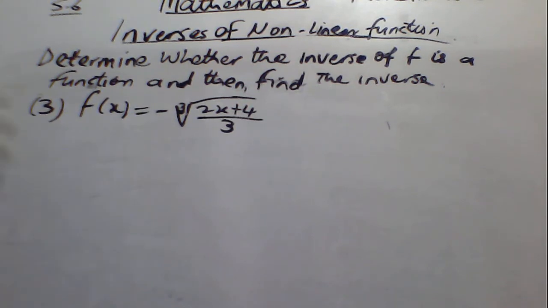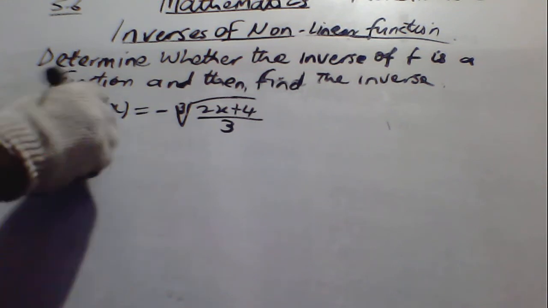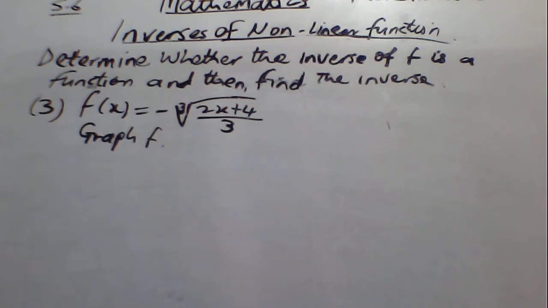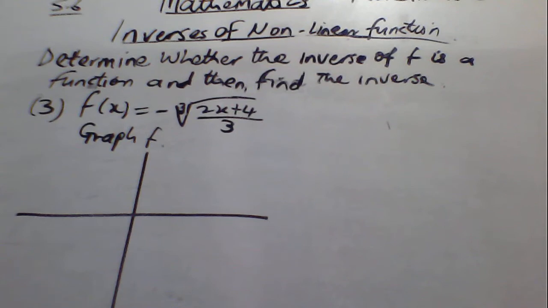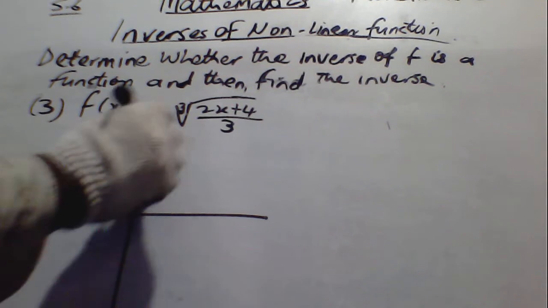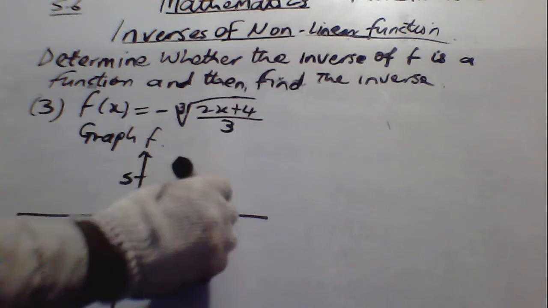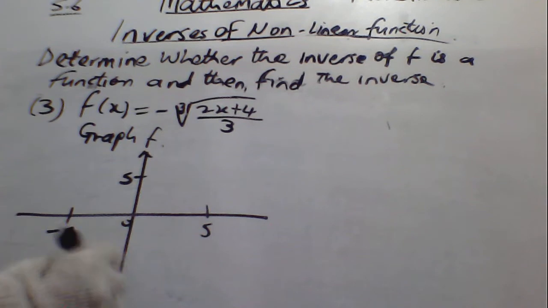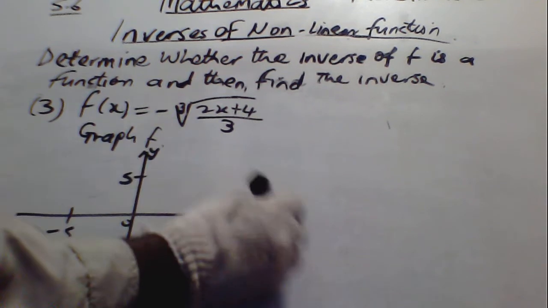To find whether the inverse of this function is also a function, use the graph. You have to graph f. Here is 5, here is minus 5, here is 0, and here is minus 1. If here is y, here will be also x.